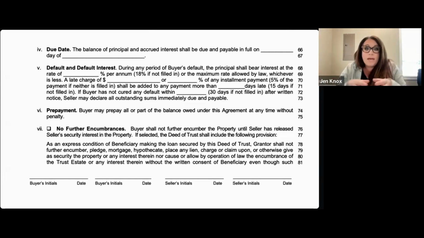The buyer has to own that property before they can use it as any sort of asset that they personally own. So if the buyer wants to use that home for an asset, or put a claim against it, or if there are any liens or second, third, fourth mortgages, anything that happens with that, the buyer needs to be owning it and not making payments on it. And this box right here has to be checked if that seller wants that buyer to not use that property for collateral in any way.